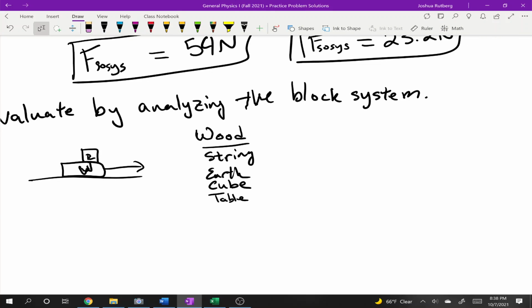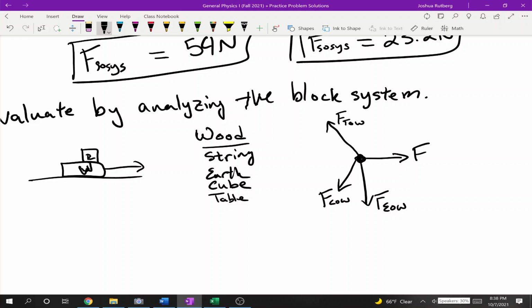So let us draw this force diagram. The earth on wood goes straight down. We said the cube pushes down this way. This is the force the cube exerts on the wood. The table is going to push in the same direction it was before, up and back. So this is the force the table exerts on the wood. And then this is the force the string exerts on the wood.